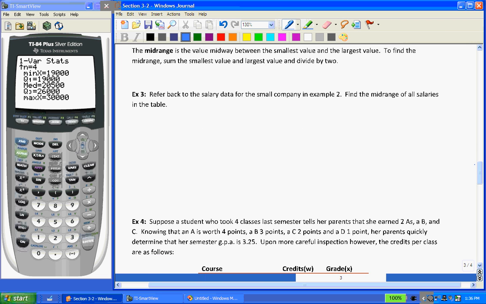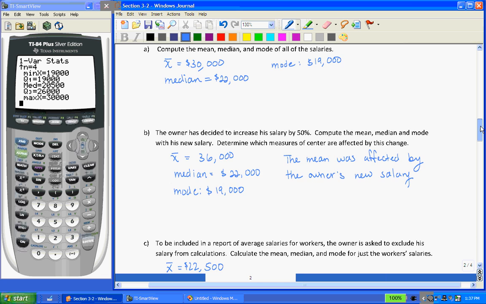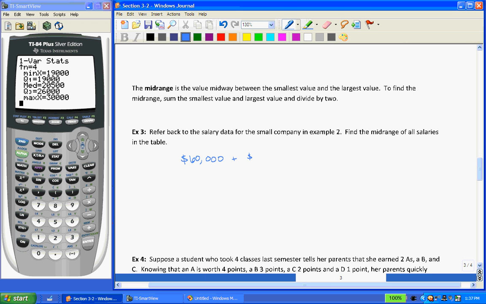Okay, mid-range. Mid-range is the value halfway between the smallest value and the largest value. To find the mid-range, sum the smallest value and largest value and divide by 2. So back to our salary data from the small company in example 2, we're going to find the mid-range of all the salaries. Remember the highest salary was the owner, and originally his salary was $60,000, and the lowest salary was technician 2, at $19,000.